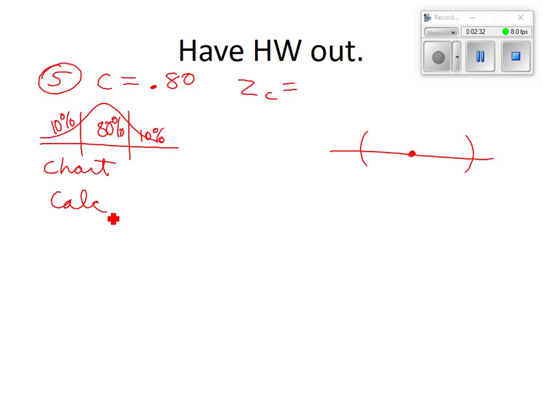What do we know about this critical value and this critical value? They're just opposites of each other. One's a positive, one's a negative. So we want the negative answer.